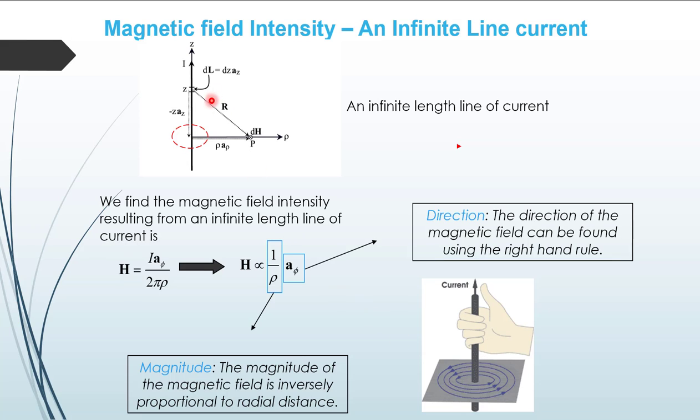Similar to this pattern, here the current is flowing upward, so the magnetic field intensity will be in this direction, shown by the curved lines in the figure. In this way the direction of the magnetic field can be obtained.